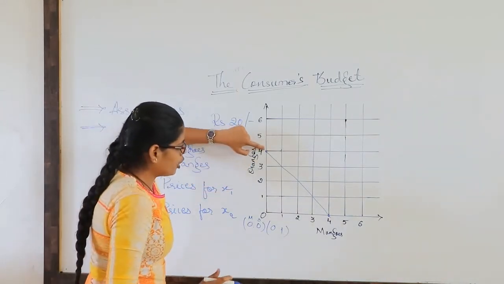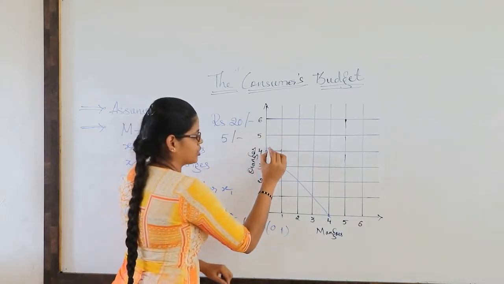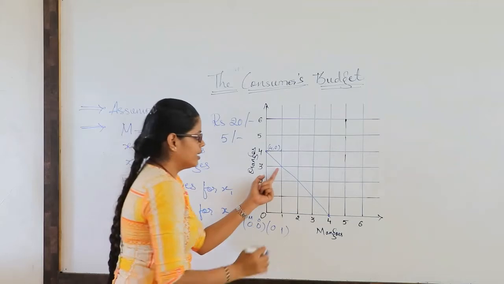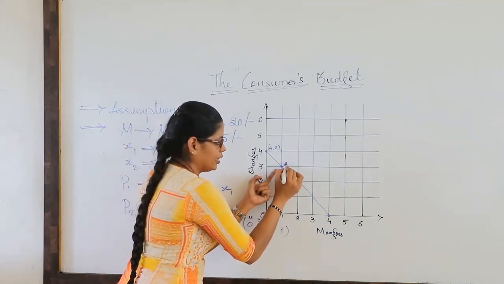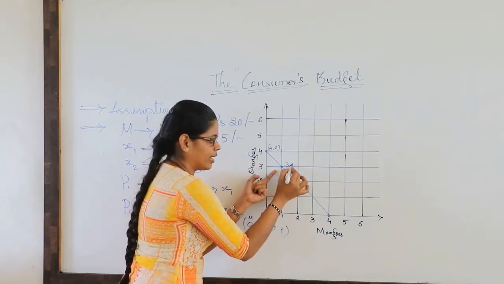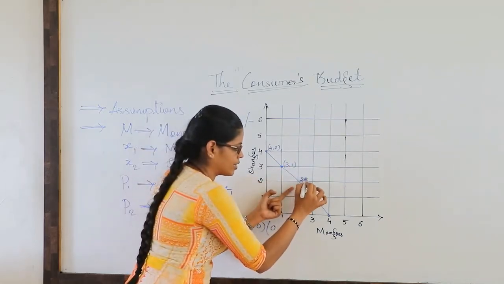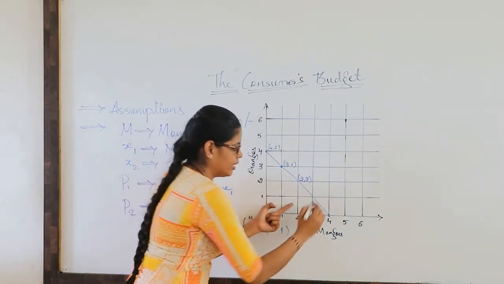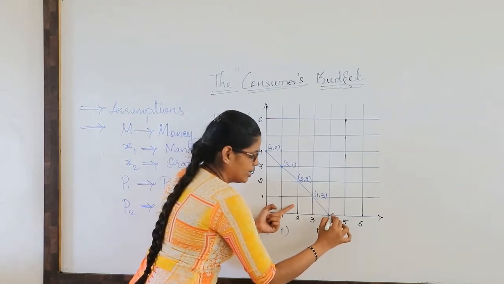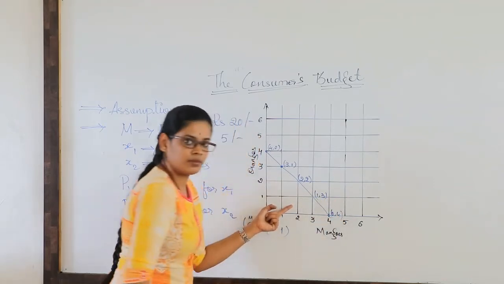See, 4 oranges but no mangoes, this is one combination, 4, 0. Next, in this point you are buying 3 units of oranges and 1 unit of mango. Here you are buying 2 oranges and 2 mangoes. Here you are buying 1 orange and 3 mangoes. Here no oranges but you are buying 4 mangoes.